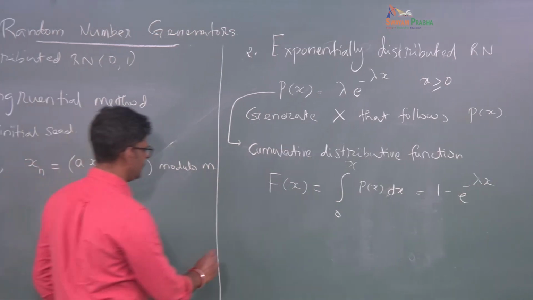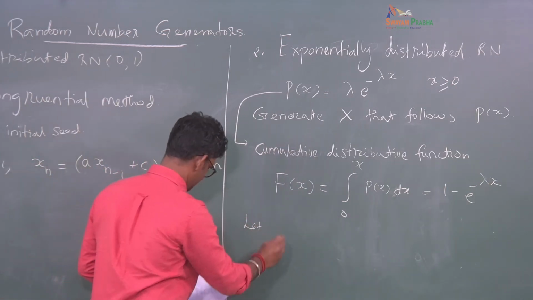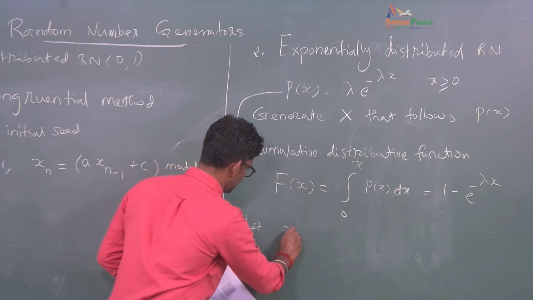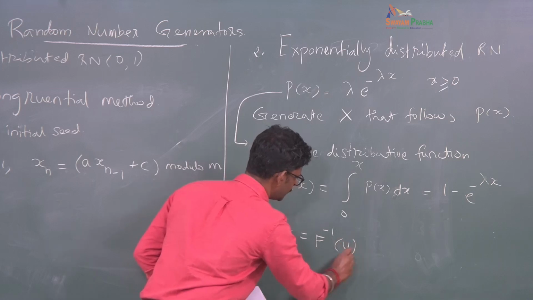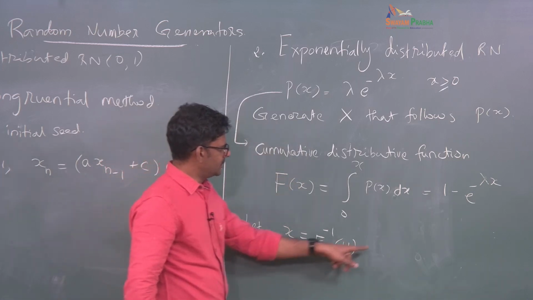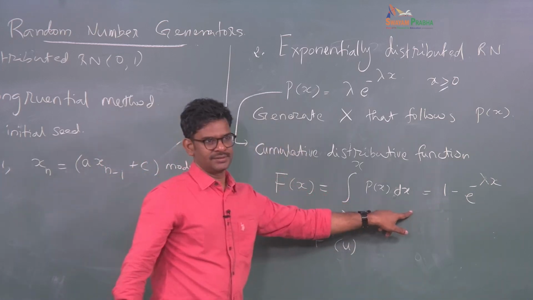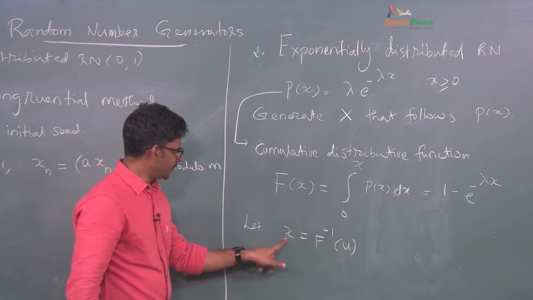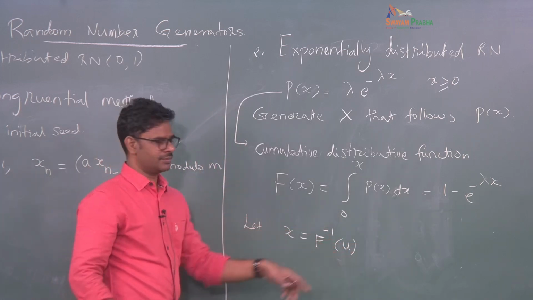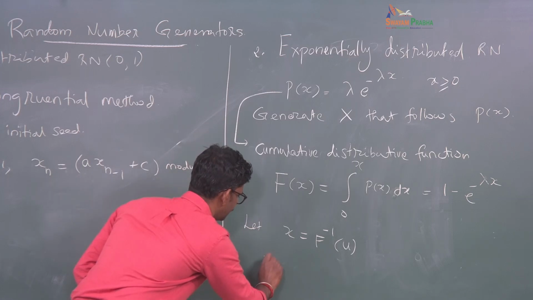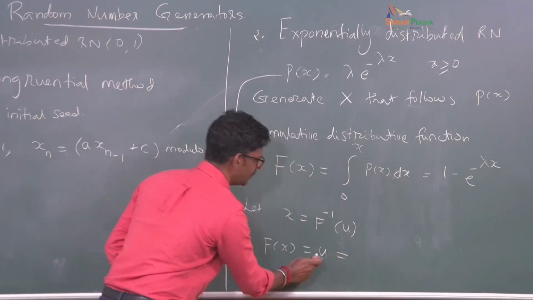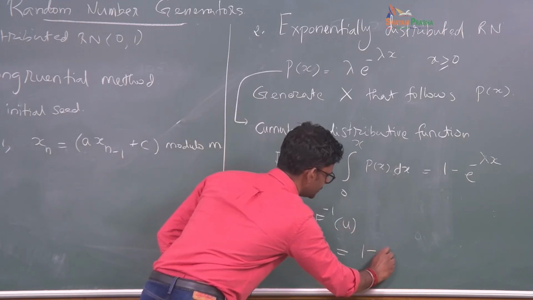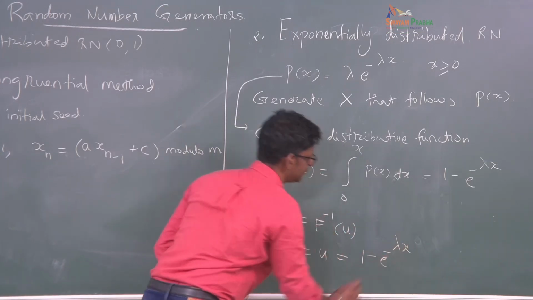Then what we say is, let x be the inverse function of some uniformly distributed random number. Because this function has to go from 0 to 1, I can write x as some inverse function of u, and from here we say that F of x is equal to u, a uniformly distributed random number, is equal to 1 minus e to the power minus lambda x.